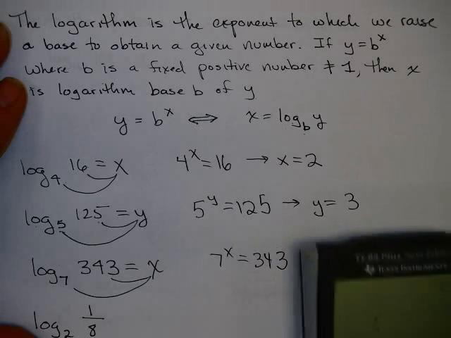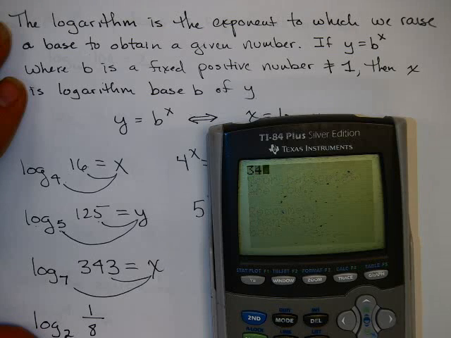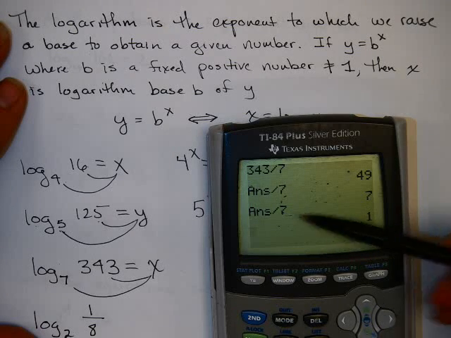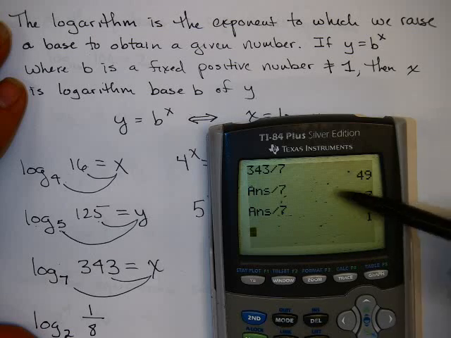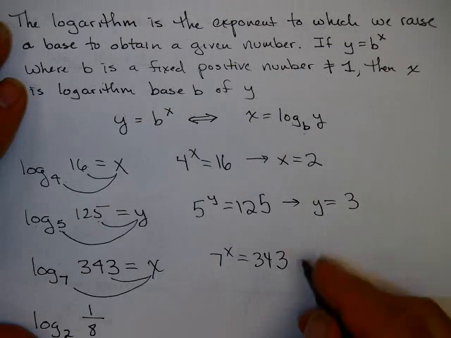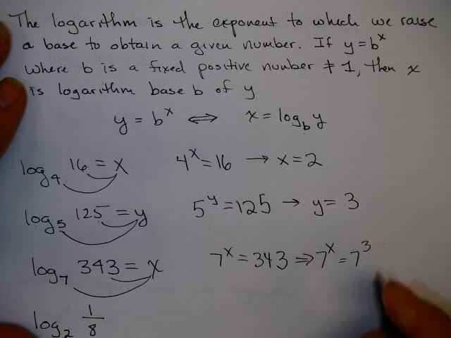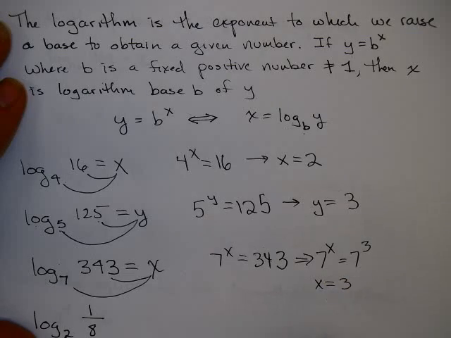343, if you take your calculator, you say, does 7 go into 343? Yes, it does once, twice, 3 times. So 7 times 7 equals 49, times 7 equals 343. So this tells you that 7 to the x equals 7 cubed, so x equals 3.